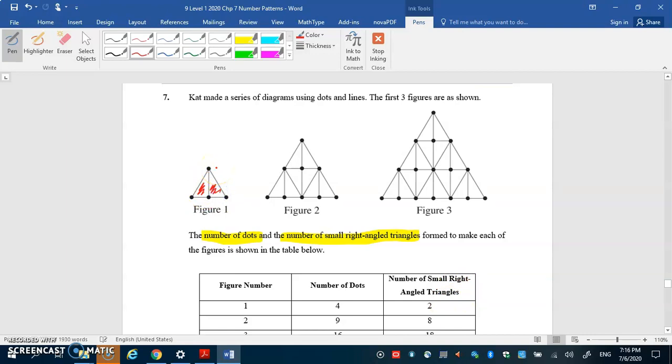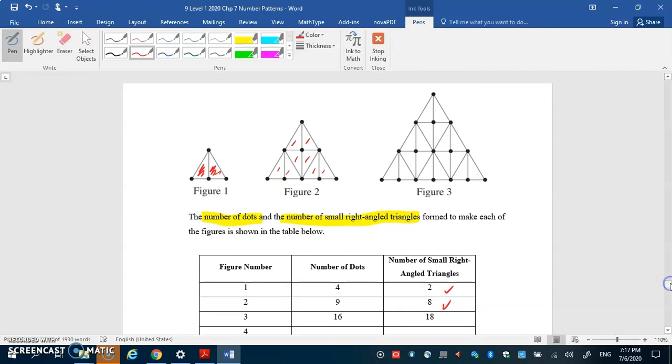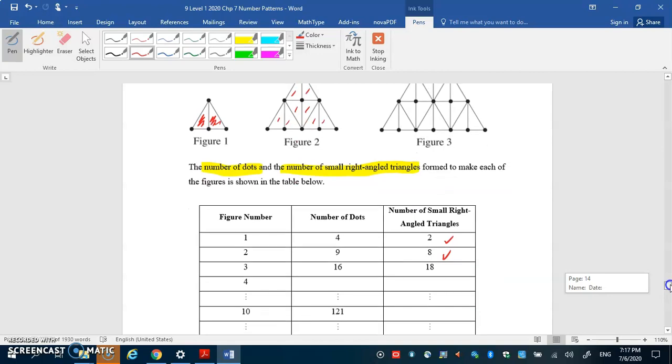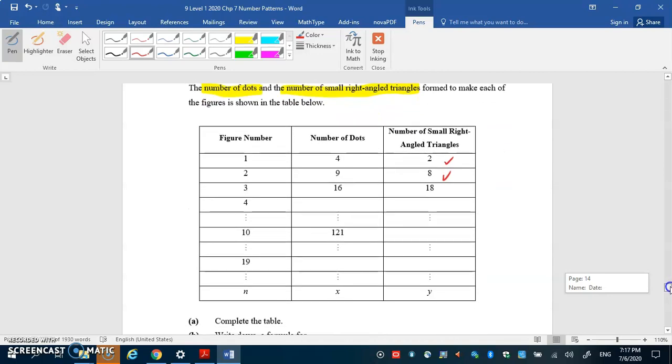For figure number 2, the number of dots is 1, 2, 3, 4, 5, 6, 7, 8, 9. And the number of small right-angled triangles is 1, 2, 3, 4, 5, 6, 7, 8. So we have 8. And we count the same for figure 3. We have 16 dots and 18 small right-angled triangles. So what is the pattern that we see?